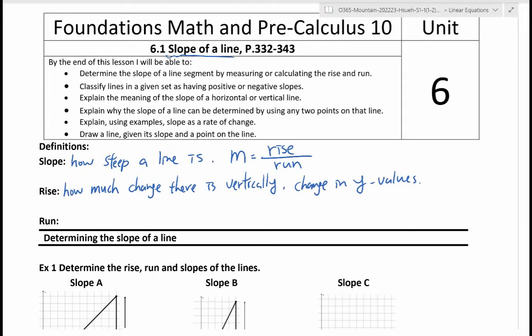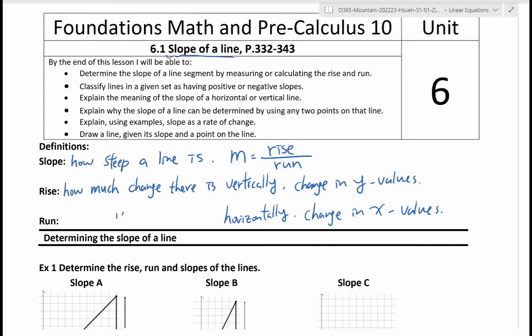So you could probably guess that the run then would be how much change there is horizontally. So this is the change in the x values. When we talk about rise, we're talking about how much it goes up or goes down.